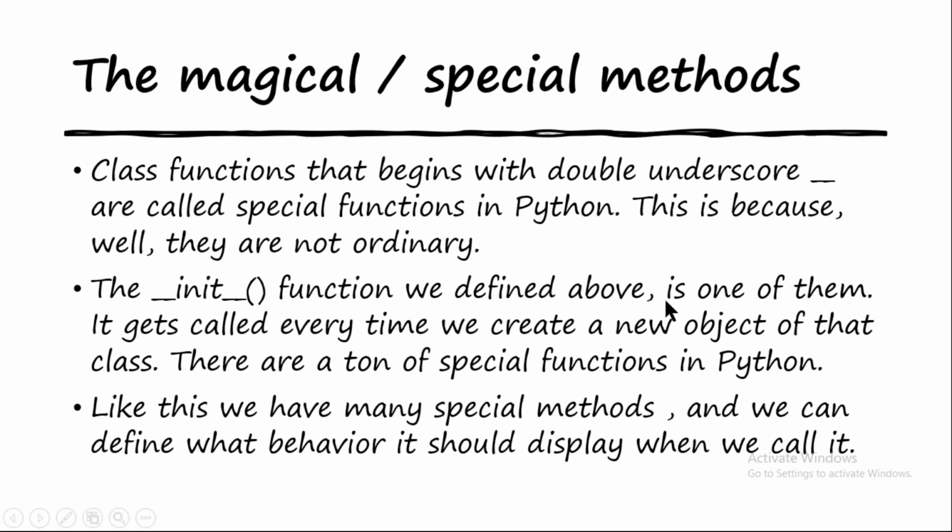And the other special functions we saw are add function, string function, and multiplication function. So there are many other functions also. And we can define our own, so whenever we call it, the behavior changes for different classes.